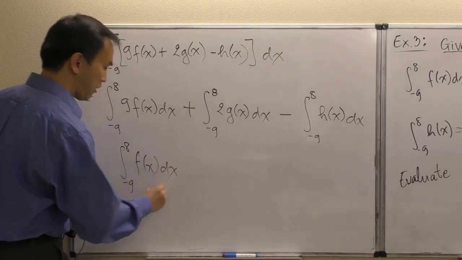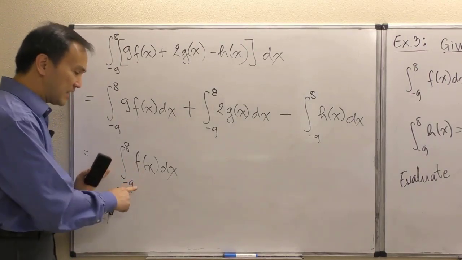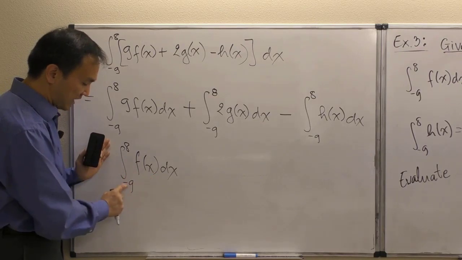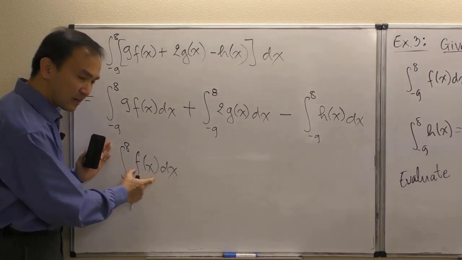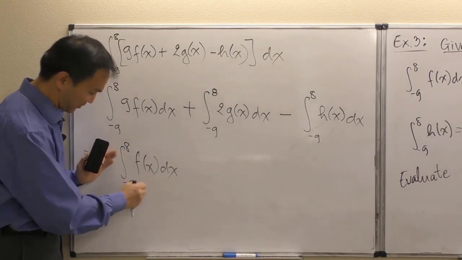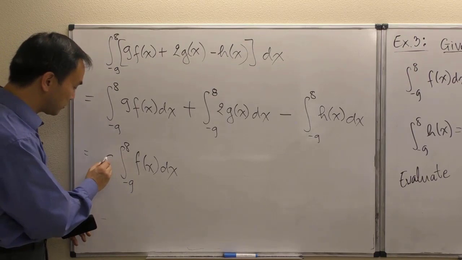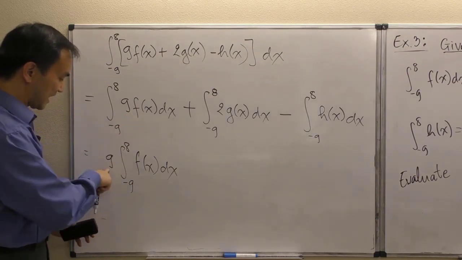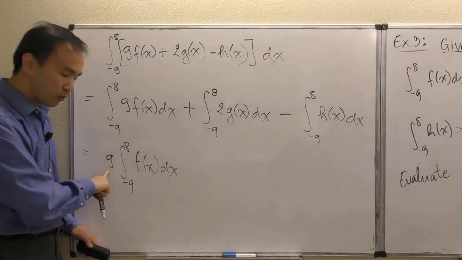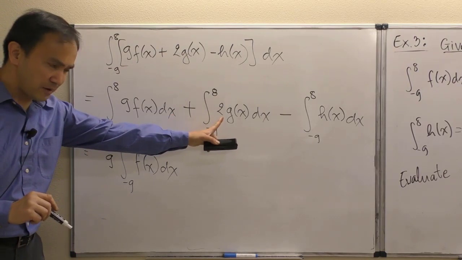Once we know that final integral value, we're going to multiply it by 9. As I said earlier, we can bring the coefficient 9 in front and multiply it with the final integral.